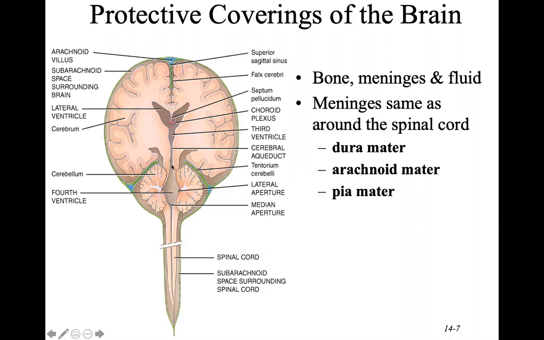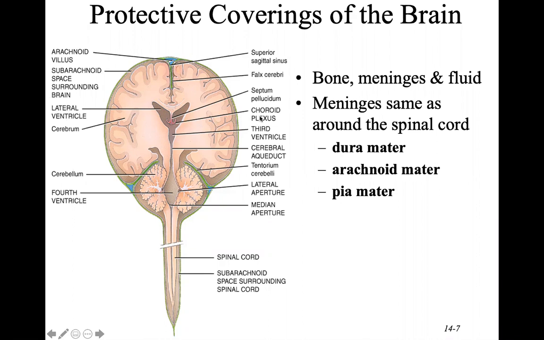Then it flows down further into the fourth ventricle. And after the fourth ventricle, it exits right down the central canal. And if you remember the cross section of the spinal cord where the butterfly is, or the letter H, right in the center is that central canal. It's that pinhole. And that's where CSF flows. We'll talk a little bit more about the CSF in just a few minutes.